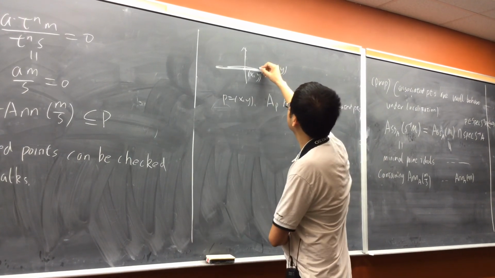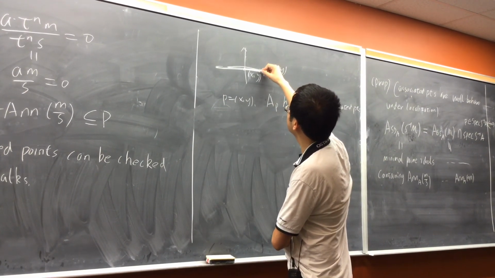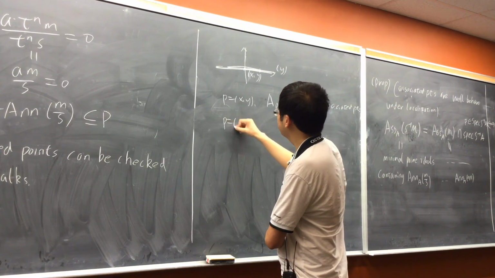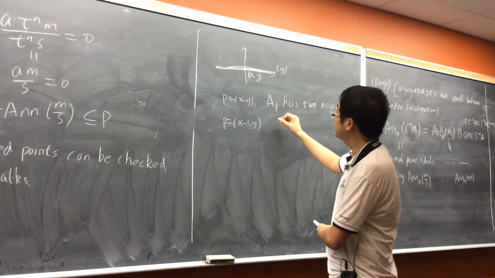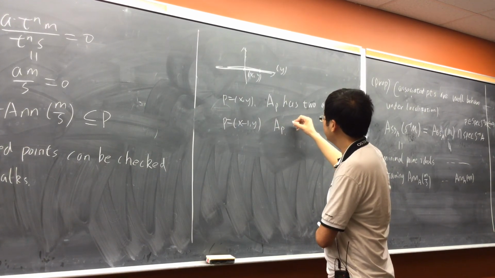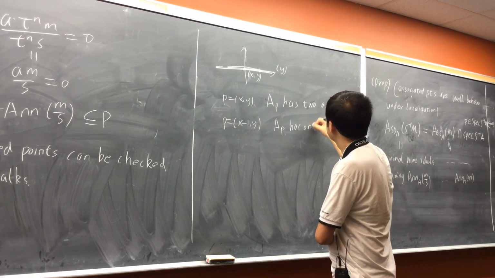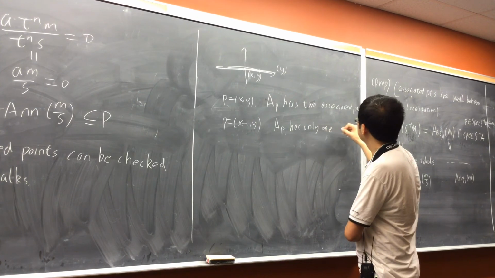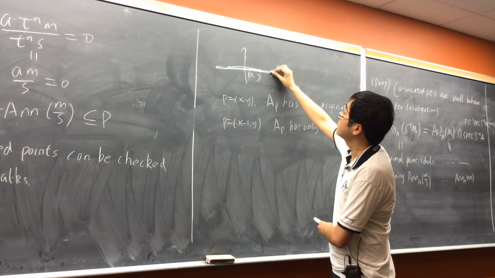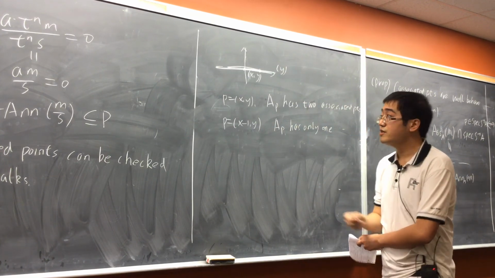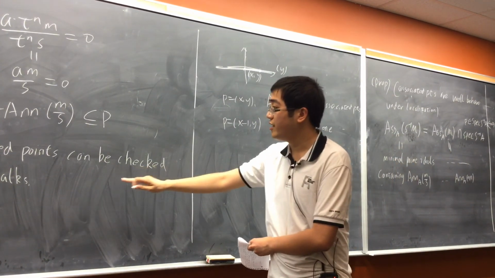But if you look at any point other than that, let's say P in S minus 1 y, then the stalk there has only one associated point, which corresponds to this associated point y. So that is what I mean by the associated points can be tracked at stalks.